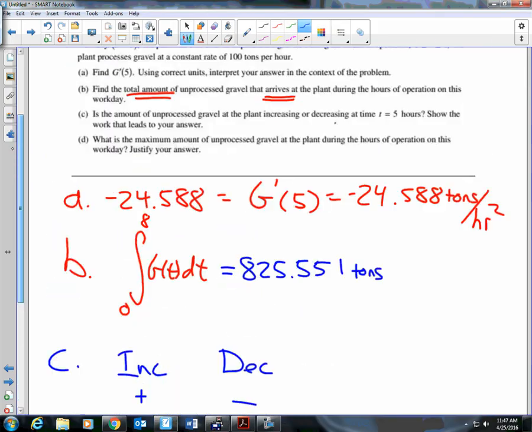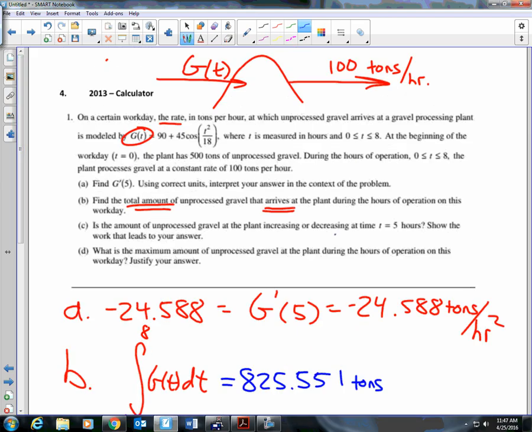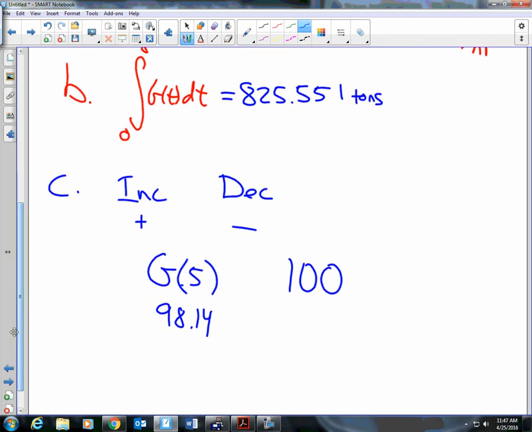Because it says that it's being processed at 100 tons per hour. So it's coming in at 98, and it's being processed at 100. So is the pile getting bigger or smaller? Smaller. So G of 5 is less than 100. So therefore, decreasing.